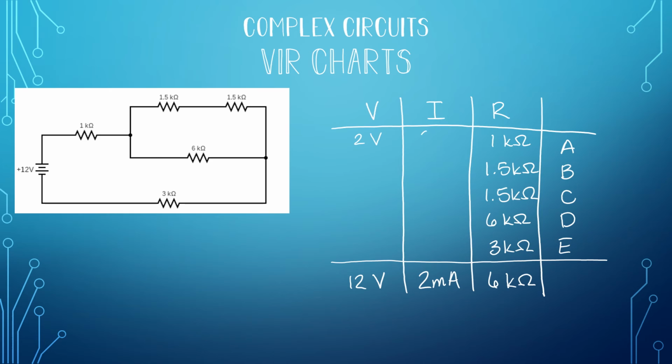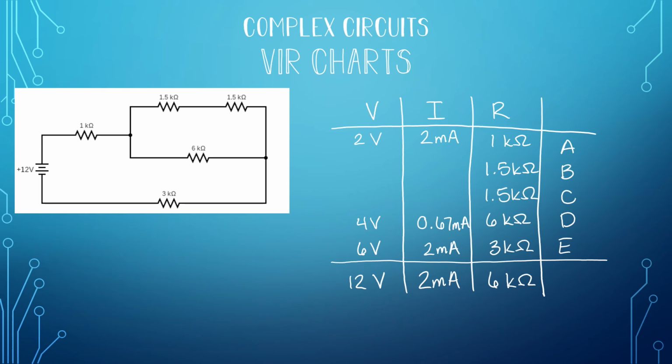So 2 volts and 2 milliamps for A. D had 4 volts and 0.67 milliamps. And E was 6 volts and 2 milliamps.